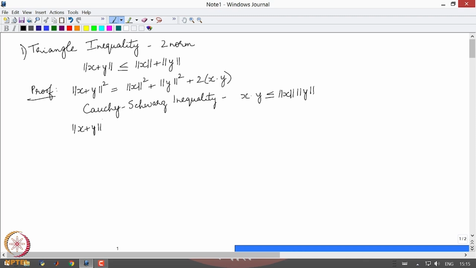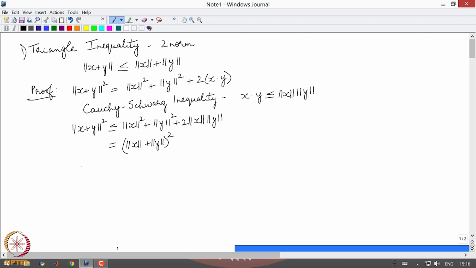The square of norm of x plus y, I can now write it as less than or equals to norm x square plus norm y square plus twice norm of x and norm of y. So, now this is a simple quadratic form, I can say norm of x plus norm of y whole squared.